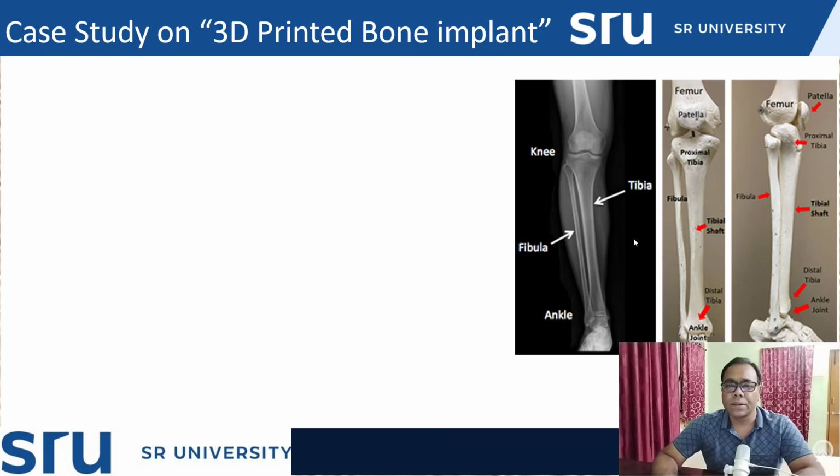So now coming to the case study. In that case study, we'll learn about how the tibia and fibula bone fracture happens, and then how we can replace those fractured areas with some biomedical implant. Basically in this case study, I will be discussing the use of 3D printing technique.